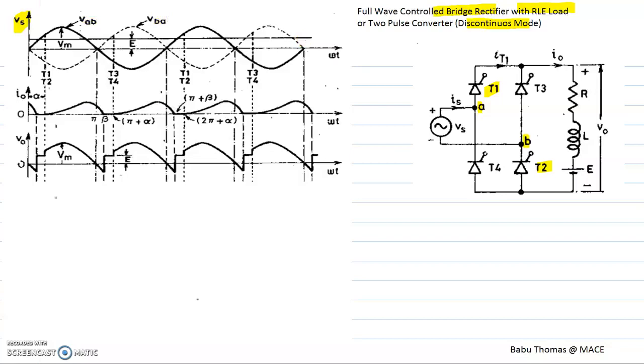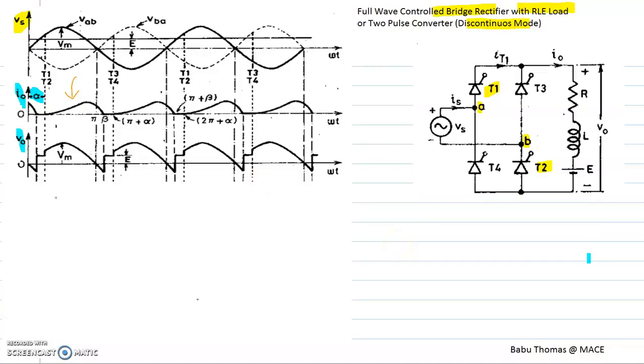Now you can see the two graphs. One is for the load current I0, the other one is for your load voltage V0. And here you can see the triggering angle or firing angle alpha. When the thyristors T1 and T2 are triggered at an angle alpha, the load current starts to increase, as shown in this waveform.